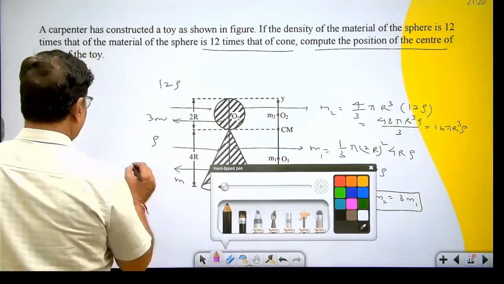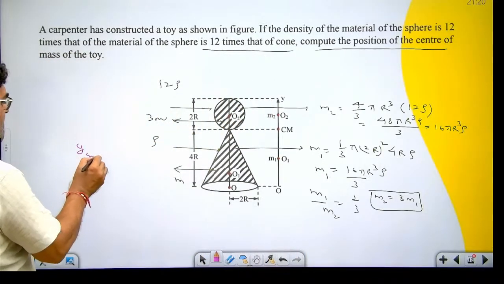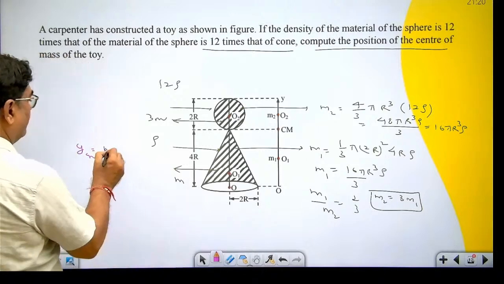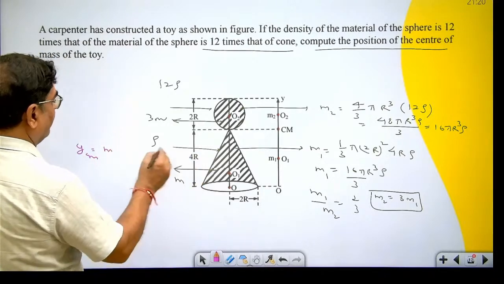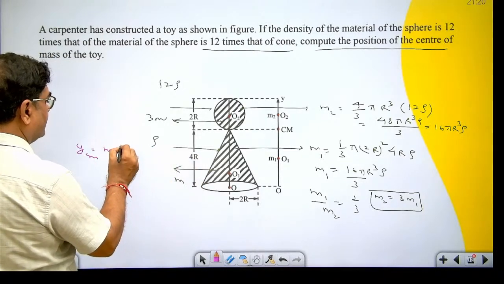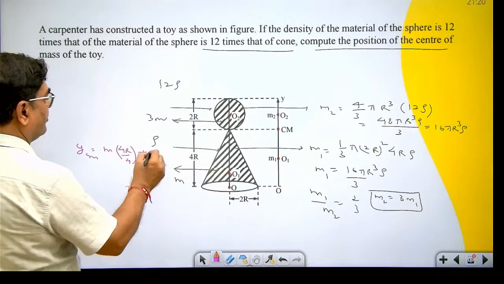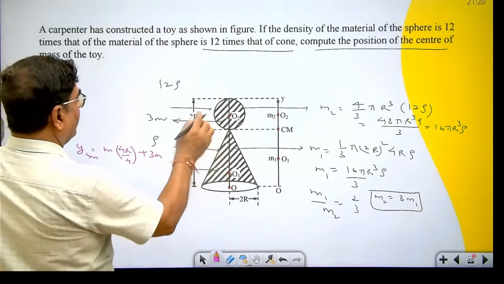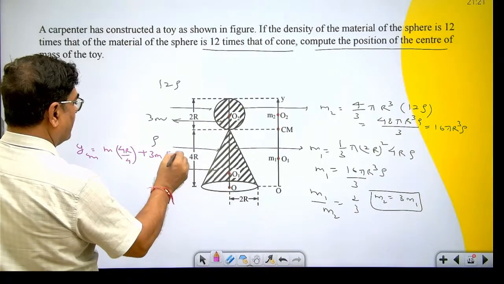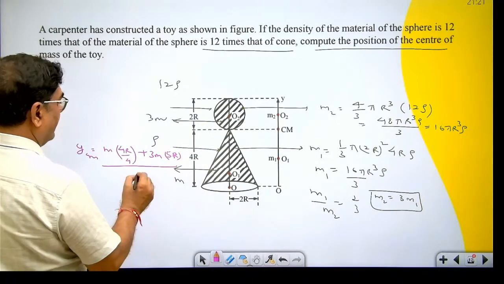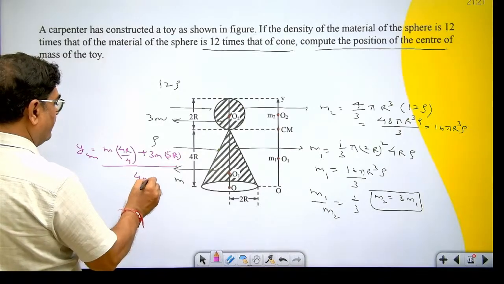Dear student, now the position of center of mass ycm equals m1 y1, where y1 means h by 4, which is 4r upon 4, plus m2 y2, which means 4r plus r, that is 5r, divided by m1 plus m2, which means 4m.